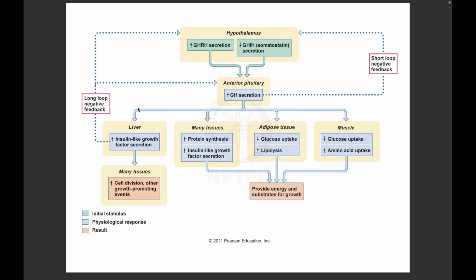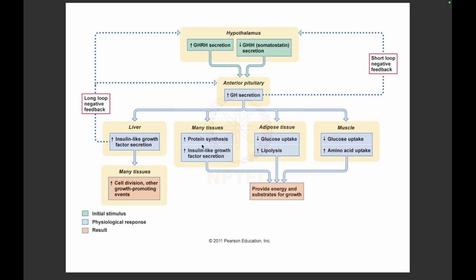Growth hormone works on the liver, adipose tissue, and muscle. On the liver, it increases insulin-like growth factor secretion. So IGF, the growth factor, will work on many tissues to increase cell division and other growth promoting events.